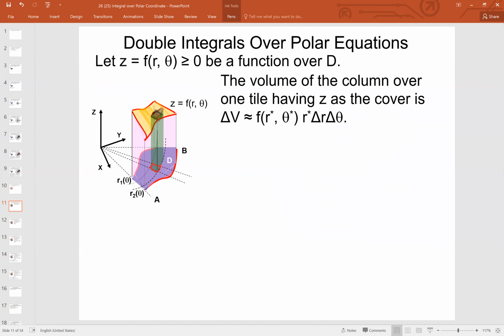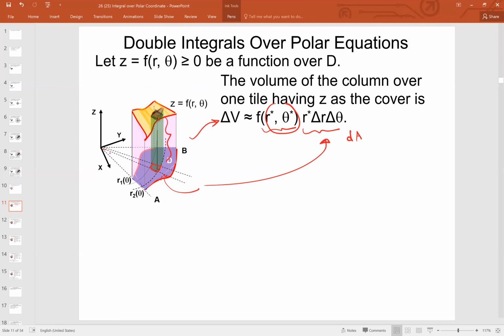Well, the area of the base for this little piece is approximately that, dA, the differential of the small area in terms of dr d theta, and then the height of the column is approximately this, where r star, theta star will be some point inside here. We calculate approximately how high it is, and this gives us the approximate volume of that particular column.